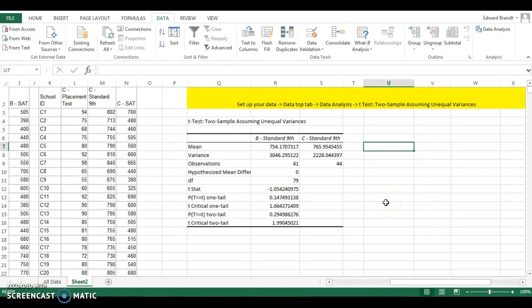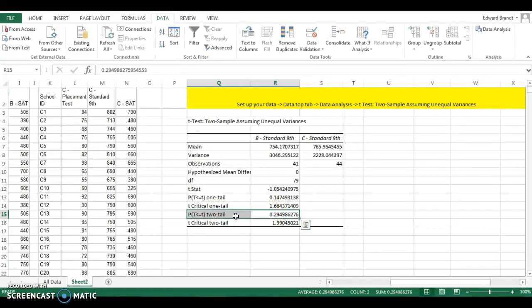I went into this not knowing one was greater than the other, or testing to see if one was greater than the other, just to see if there was an actual difference. So in this case, I'm running a two-tailed t-test. So I want to take a look at the p-value of the two-tailed t-test, and I'm comparing them now to the 0.05, which was my alpha.